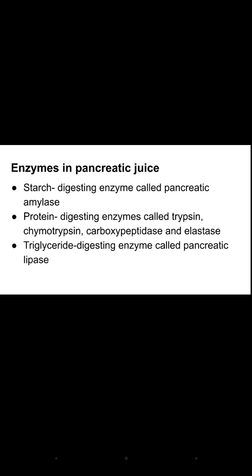Third enzyme is pancreatic lipase. This pancreatic lipase is a triglyceride digesting enzyme. It means it will break down the fat, that is triglycerides, into monoglycerides or free fatty acids. Next, ribonuclease and deoxyribonuclease.